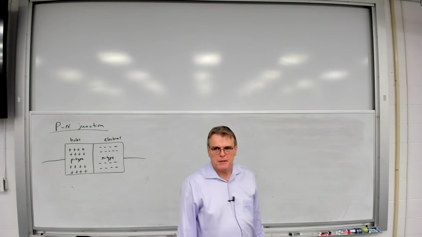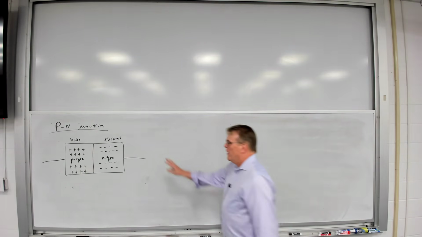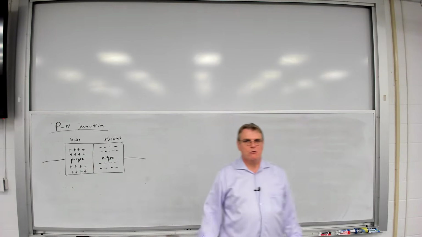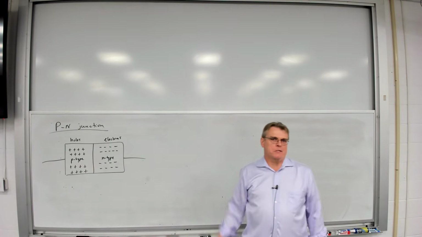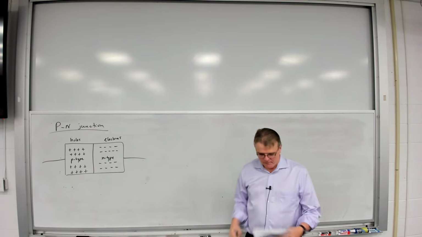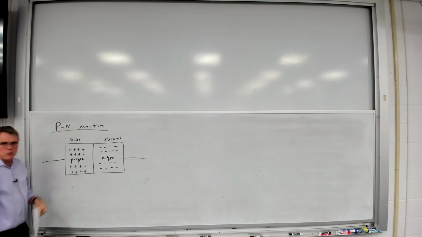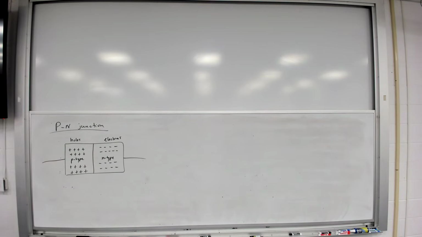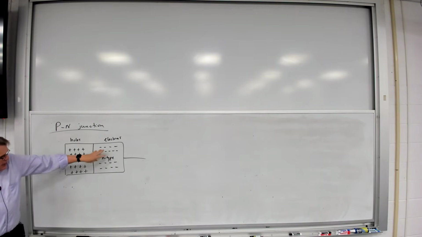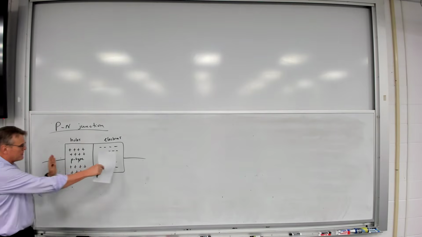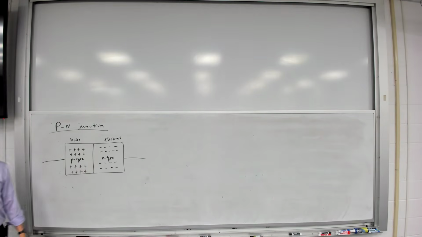And once again, we're going to operate under the fiction that those holes are just like electrons, in the sense that they're mobile particles drifting around in the lattice. And we're going to make those two touch. Now here I have on this side a high concentration of electrons. Over here I have a high concentration of holes. And I'm going to make those two semiconductor materials touch each other and form a junction.